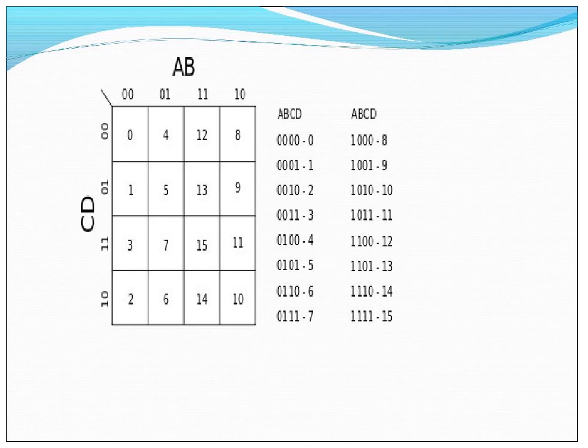Then 12, 13, 15, with 14 last. Then 8, 9, 11, 10. This is the order of drawing the K-map. Once again: 0, 1, 2, 3, 4, 5, 6, 7, 8, 9, 10, 11, 12, 13, 14, 15.